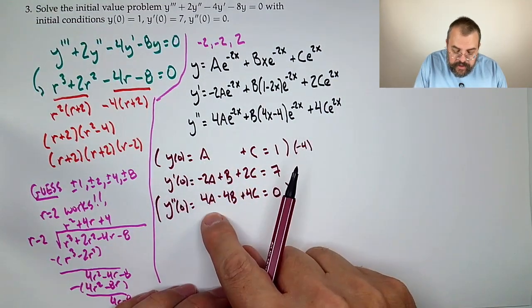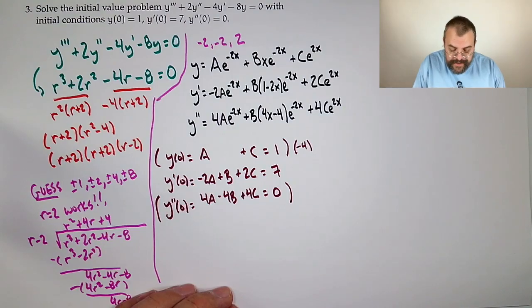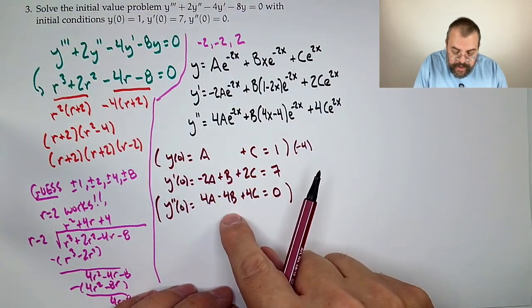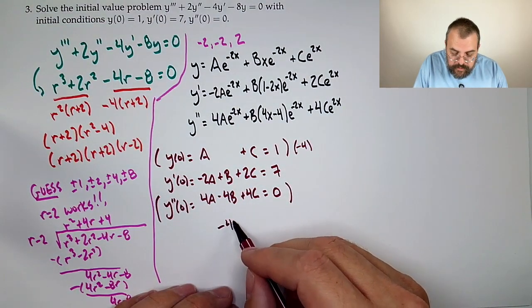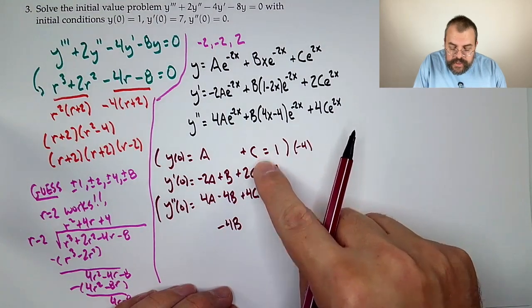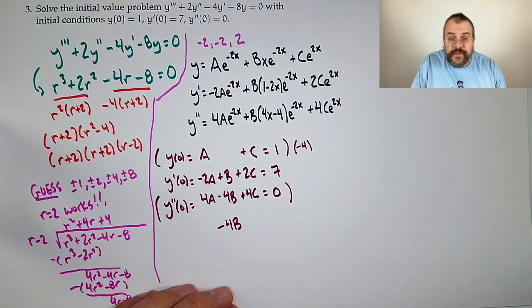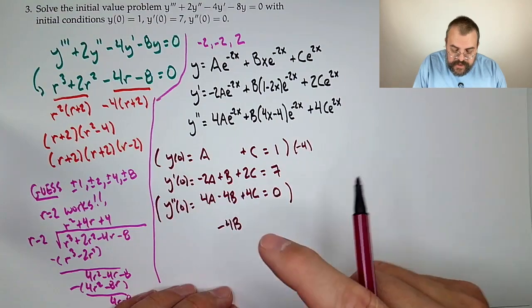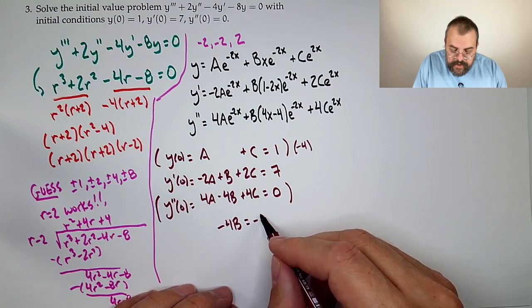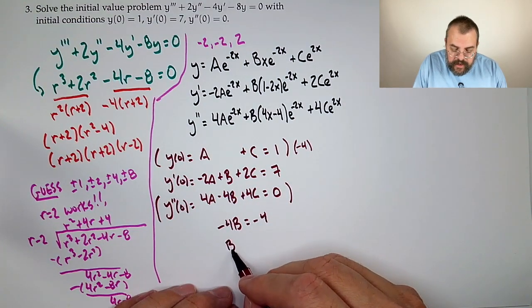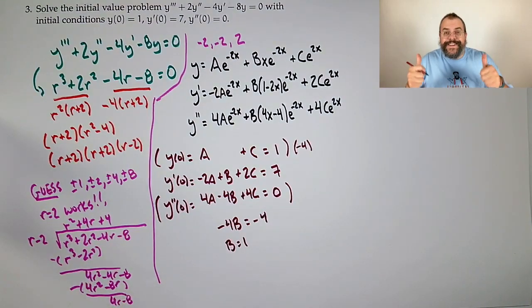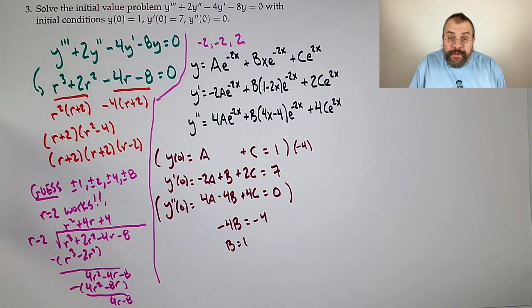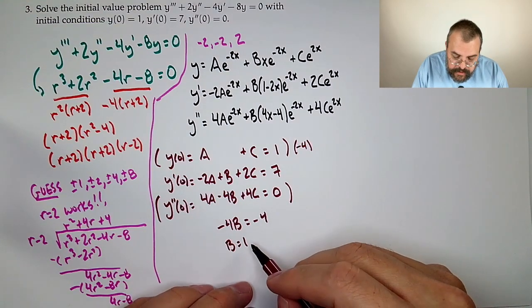Minus 4a plus 4a, 0. 0 minus 4b is minus 4b. Minus 4c plus 4c, 0. Minus 4 plus 0 is minus 4, which says, aha, b equals 1. Good progress, actually.